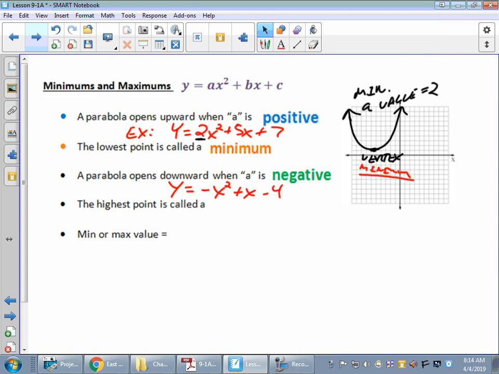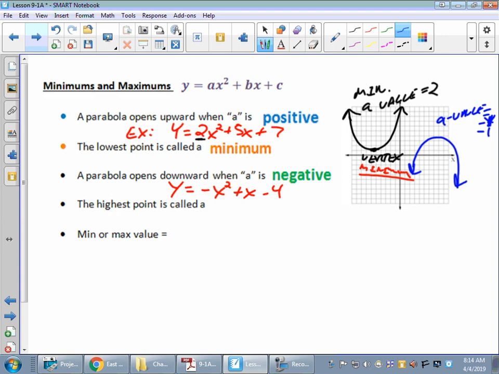This is not exactly the graph, but if I just did a graph like this, because the a value is negative, negative 1 in this case, we're going to open downwards, which means you have a maximum value here at your vertex. That's what we call the highest point, a maximum value.